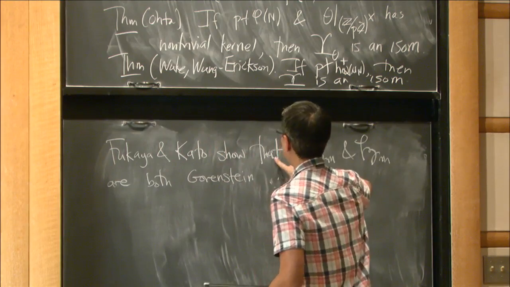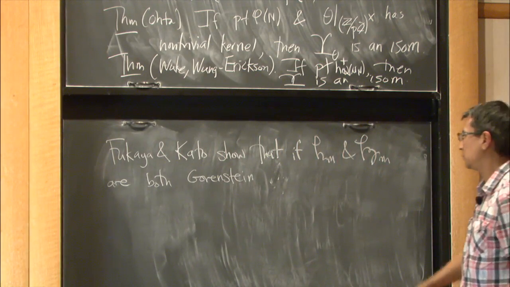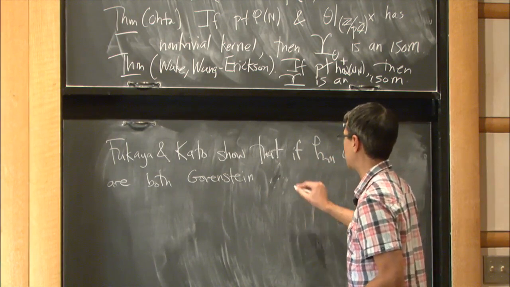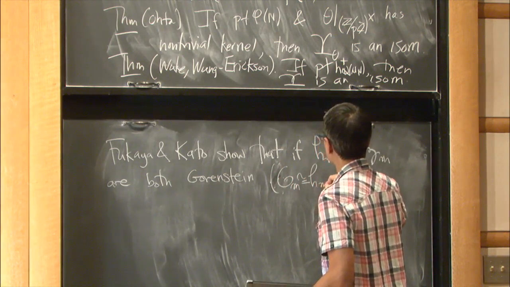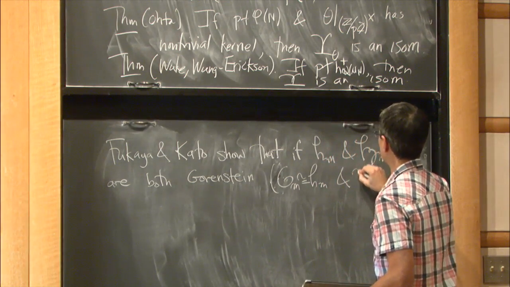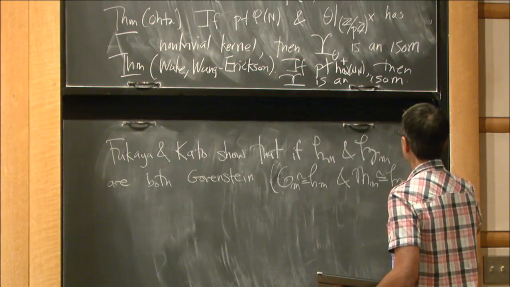so what does that imply? It implies that the cusp forms, which are dual to the Hecke algebra, are actually isomorphic to the Hecke algebra. And the modular forms are isomorphic to the Hecke algebra.